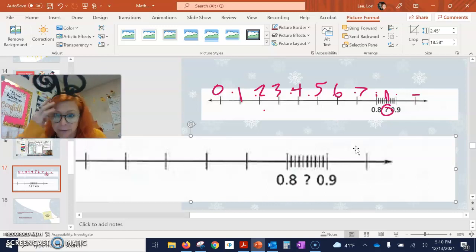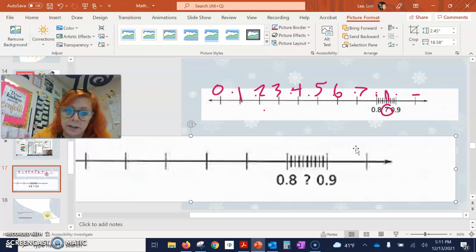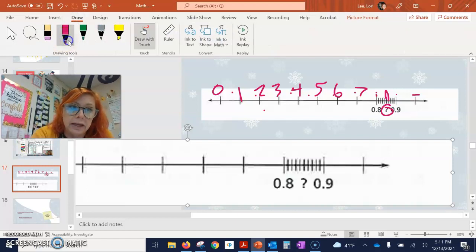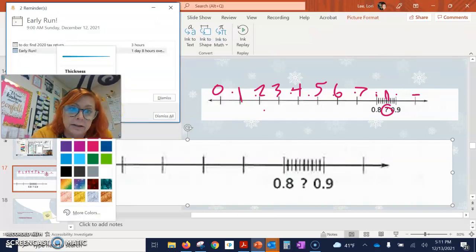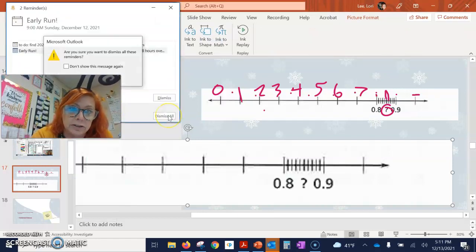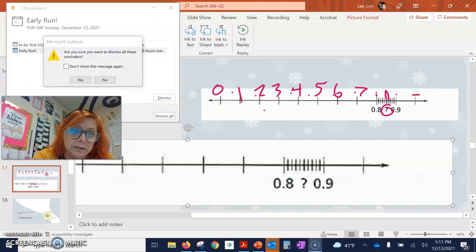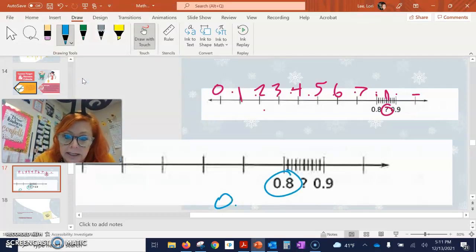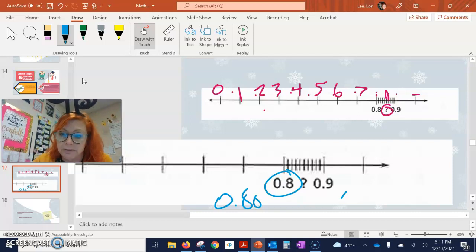But really remember, like I told you, if you have 8 tenths, let's just dismiss all of these. If you have 8 tenths, what you really have also is 80 hundredths. Remember, you could put zeros all day long if you wanted to. And the same for this.